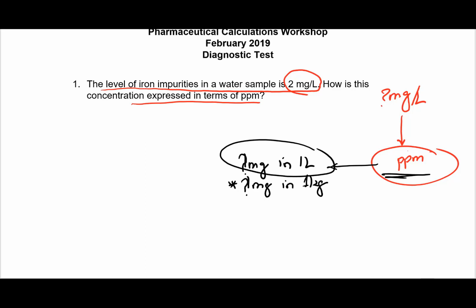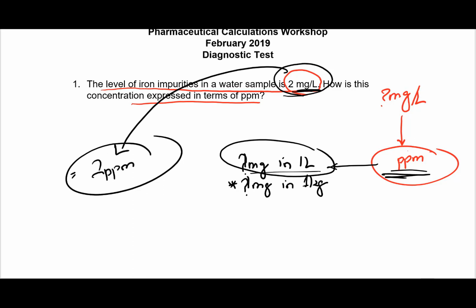Now if you look at the concentration given, it's already given as milligrams per liter. So we know that 2 milligrams is present in 1 liter, and parts per million is the number of milligrams present in a liter. So 2 milligrams per liter is the same as 2 ppm. So that's the answer.